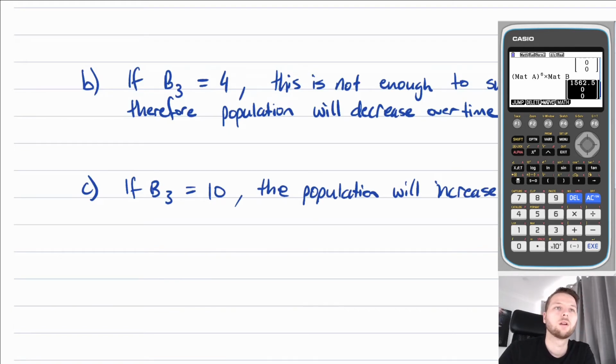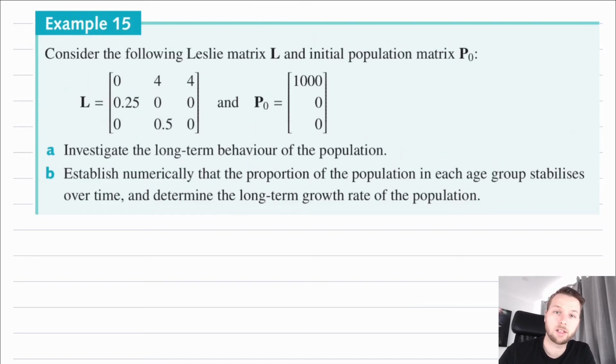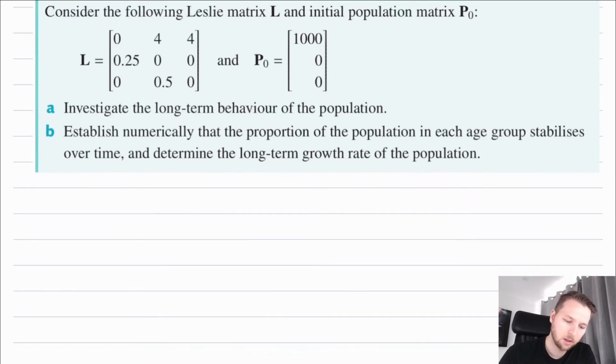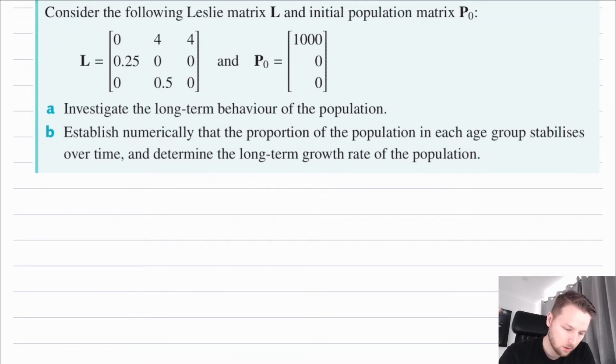Alrighty. Let's have a look at a second example here. So consider the following Leslie matrix and the initial population. Investigate the long-term behavior of the population. Alright, so this is very similar to our initial example, except we've got a second birth rate in here.